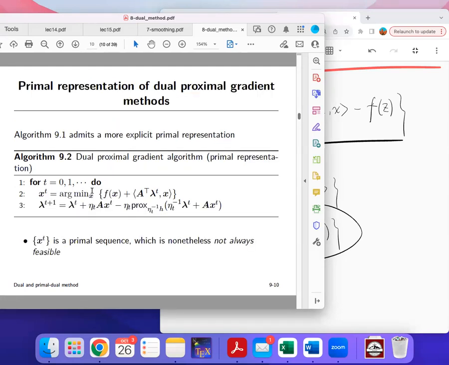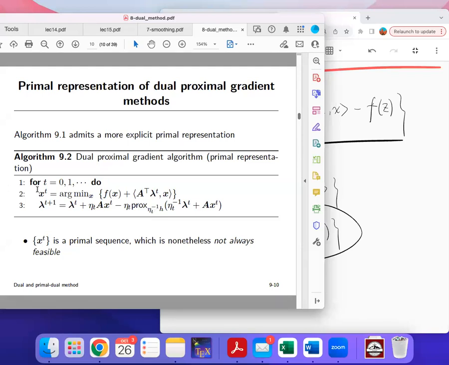So this 9.2 is the equivalent formulation of the previous algorithm. It is an equivalent form of the dual proximal gradient algorithm, but it is written in a primal representation. So in all the updates, you only see f and h instead of f star and h star. The algorithm updates look very different because it is now represented in the primal form.